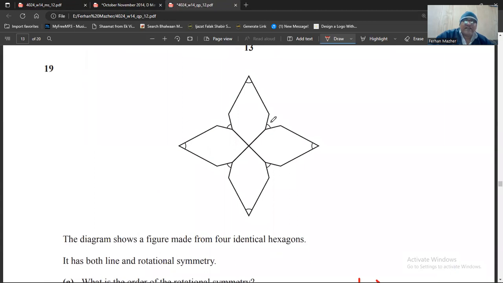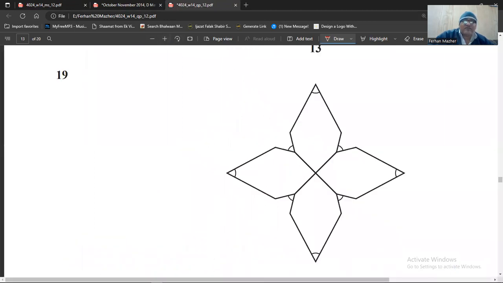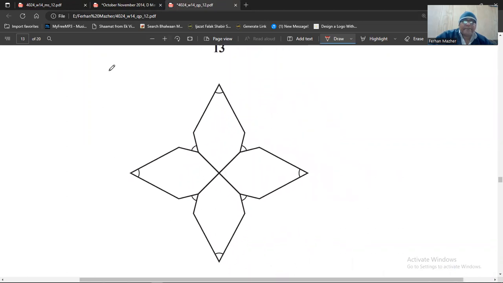Okay, each marked angle is of 60 degrees. So what does that mean? Let me show you. This angle, that is 60 degrees. Okay. So this angle and this angle, they both will be the same. Let me say this is alpha. This will also be alpha.